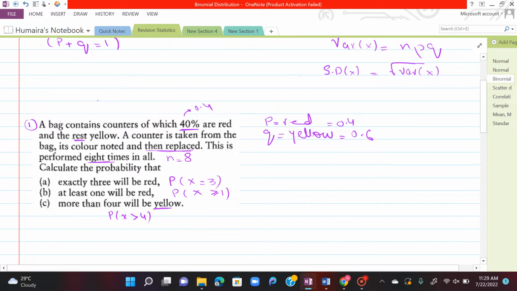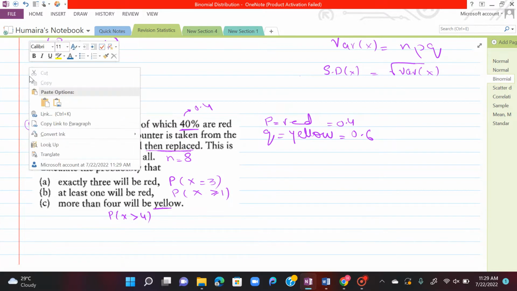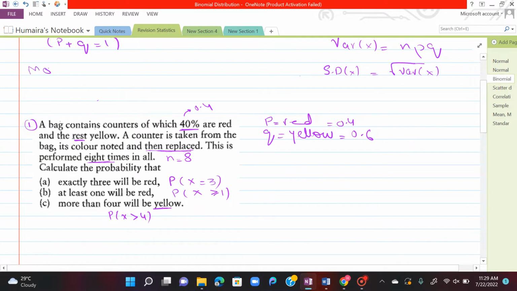In discrete distributions, remember the 4 keywords they can ask you: more than, less than, at least, at most. If they say more than something, let's say more than 3, it is simply x greater than 3.